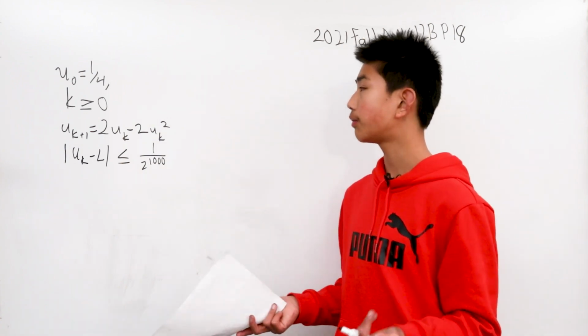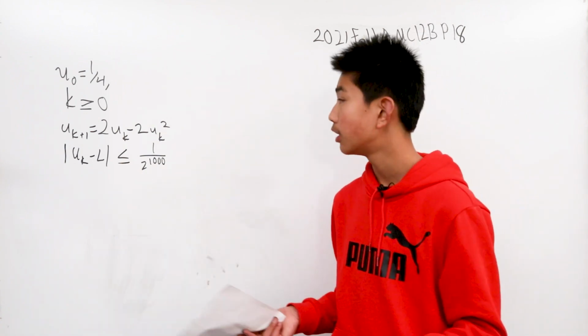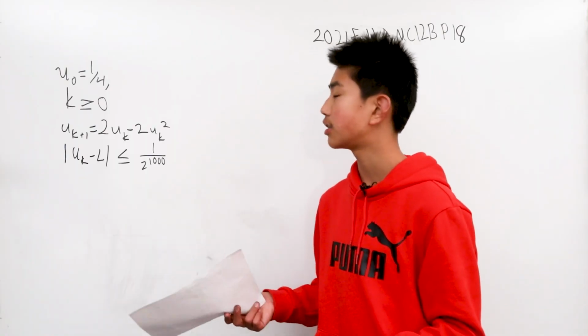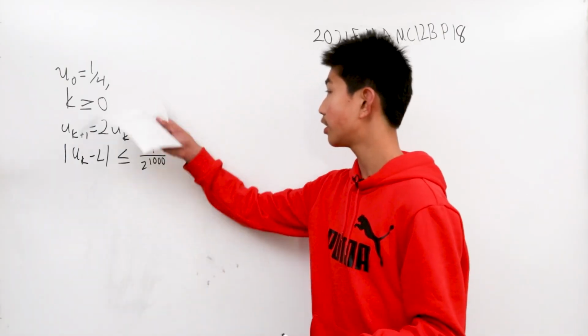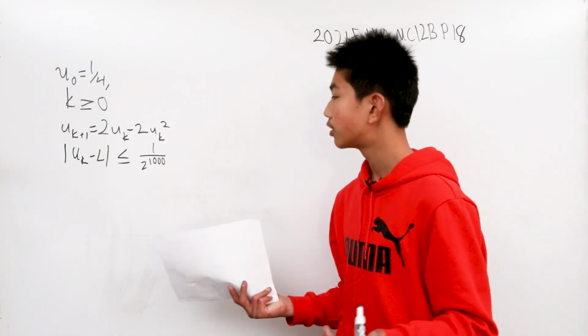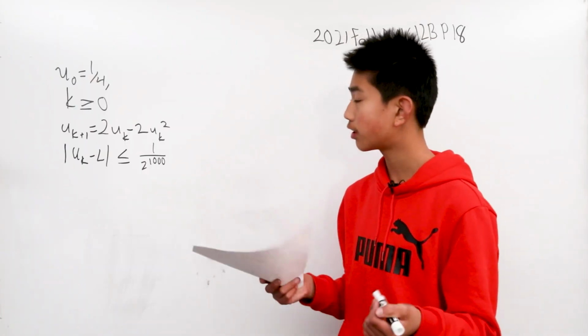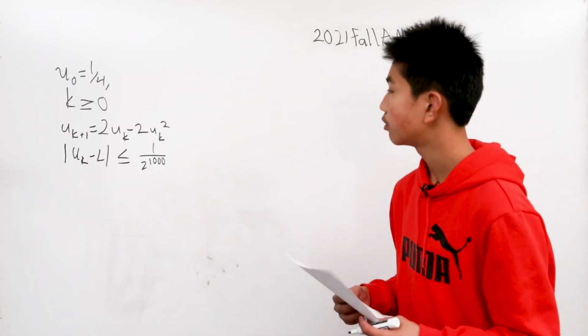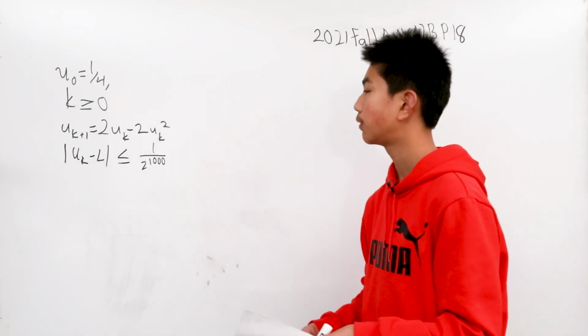So what we have here is a recurrence problem, and we want to plug in this first value to get our other secondary values. So if we just do this once, u sub 0 is 1/4.